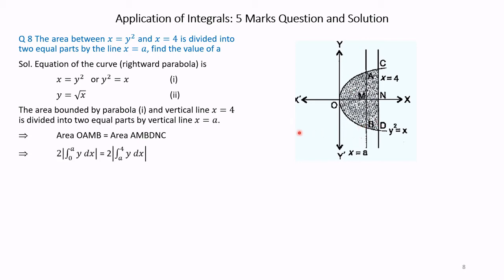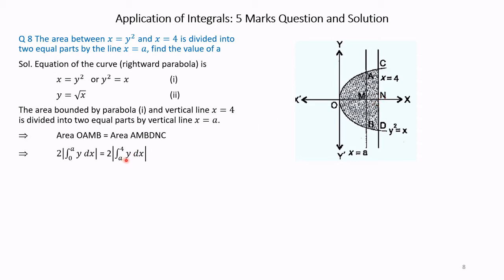Hence, we can put the equation as 2 into, because it is symmetrical about the x-axis, we can write it as 2 into integral 0 to a y into dx mod, that is equal to 2 into mod of a to 4. See, for the right hand side region, the lower limit is a and the upper limit is x is equal to 4.